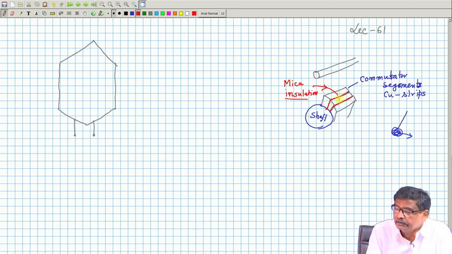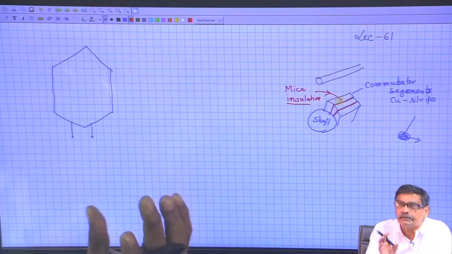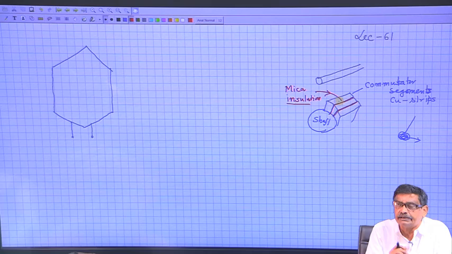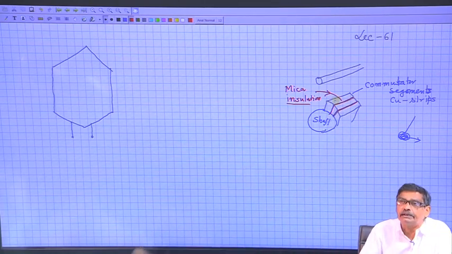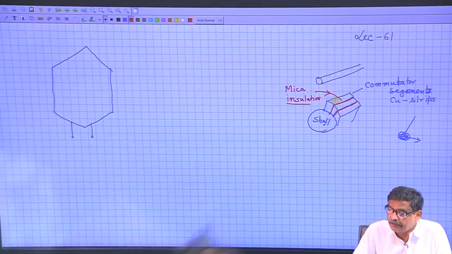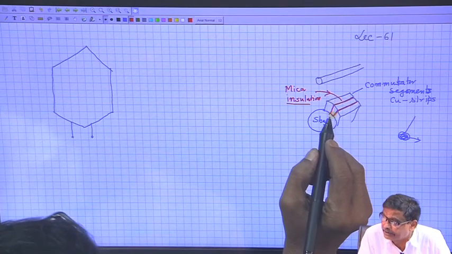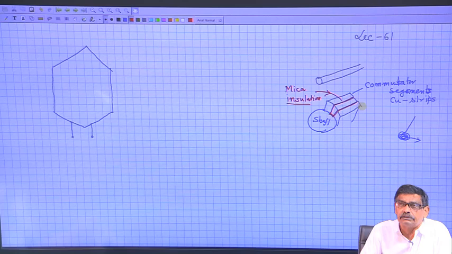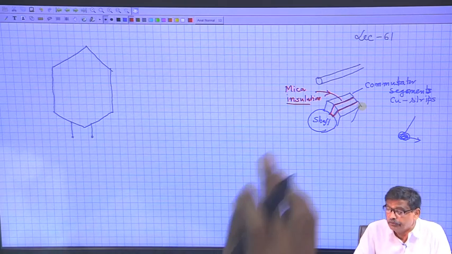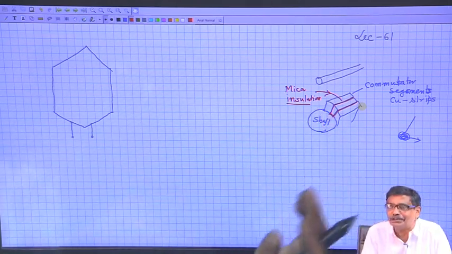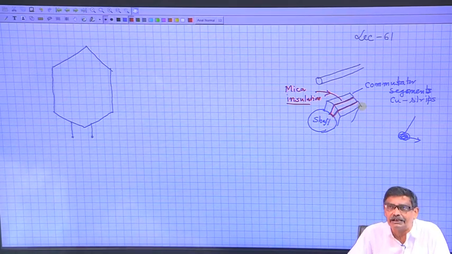Got the idea? Therefore, commutator segments 1, 2, 3, like that 16 commutator segments will be there on a cylindrical structure, and each one of them is separated by a layer of mica insulation. From the shaft also they will be insulated, otherwise the shaft will become electrically alive and it will short all the commutator segments, because the shaft is metallic.